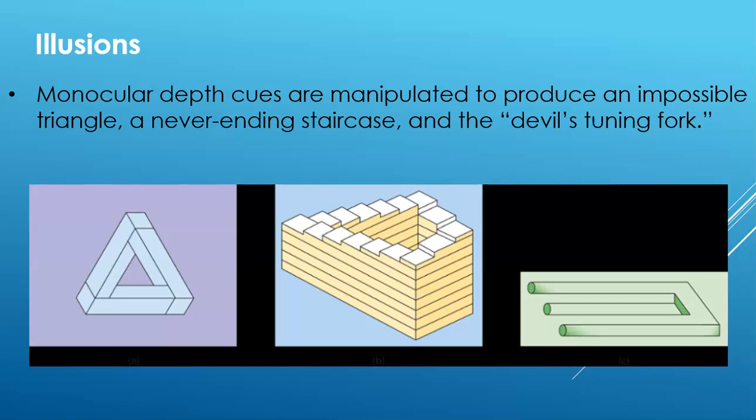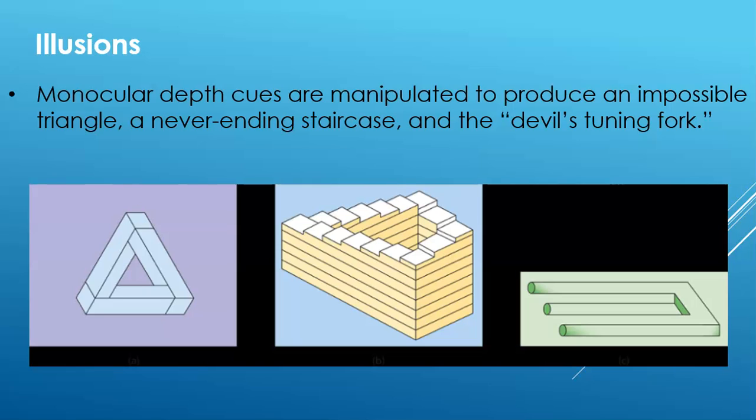Of course, there are other illusions that can use monocular depth cues rather than binocular depth cues. So monocular depth cues are manipulated to produce an impossible triangle, a never-ending staircase, and the devil's tuning fork.